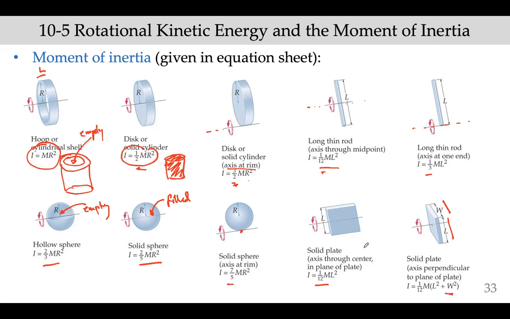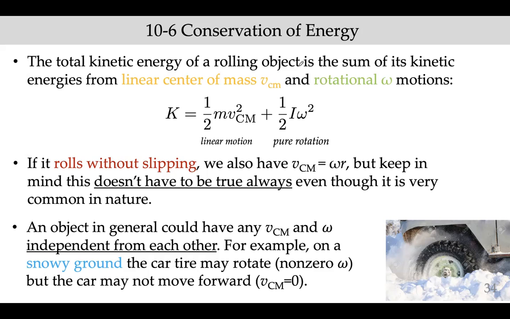Okay, now we can talk about the total kinetic energy of an object that has both rotational motion and translational motion. The total kinetic energy of a rolling object is the sum of its kinetic energies from linear center of mass motion, this is translational, and rotational motion. For linear motion, we learned this when we did linear motion, it's 1/2 mv². Here we are using cm, center of mass.